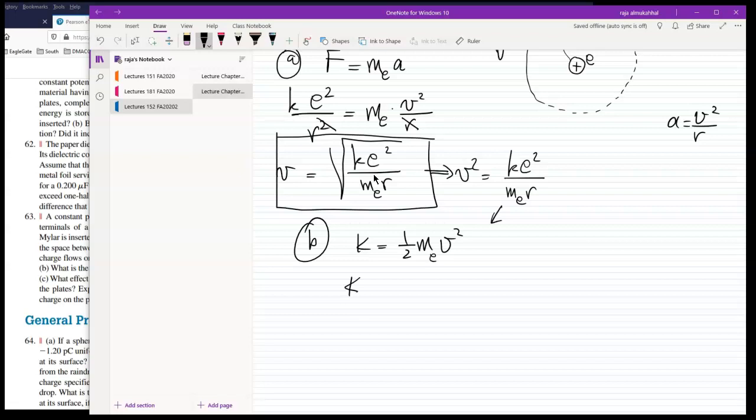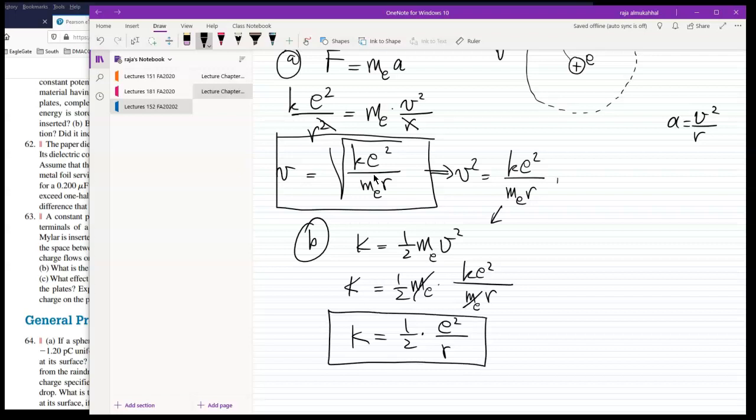Therefore, the kinetic energy is equal to 1/2 m sub e times ke squared over m sub e r. The masses cancel out. Is that right? And I will end up with 1/2 times ke squared over r. That's what I got.